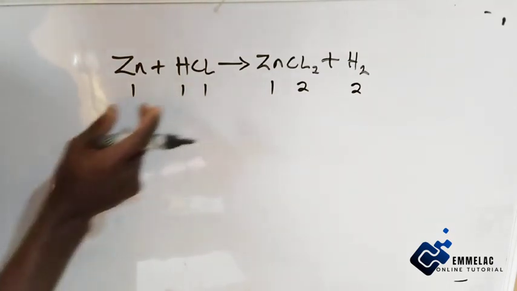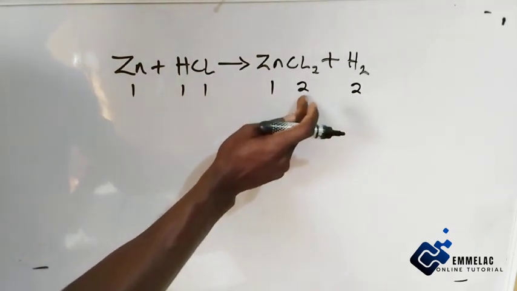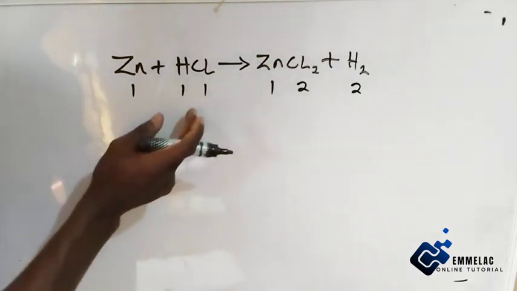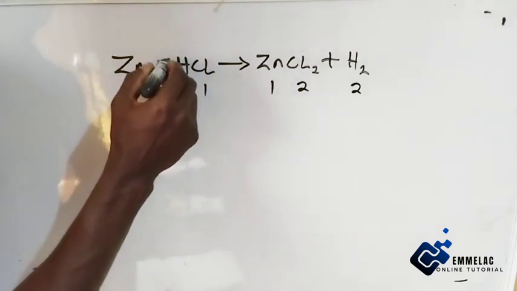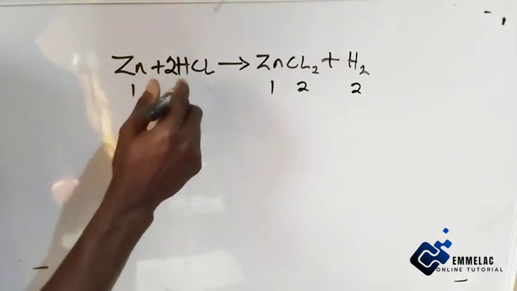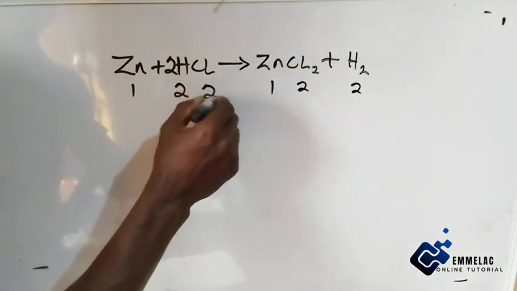Now, for us to balance this equation, since you're having 2 here and 2 here, while here we're having 1 and 1, we include 2 here. These 2 will make hydrogen here 2 and chlorine here also 2.